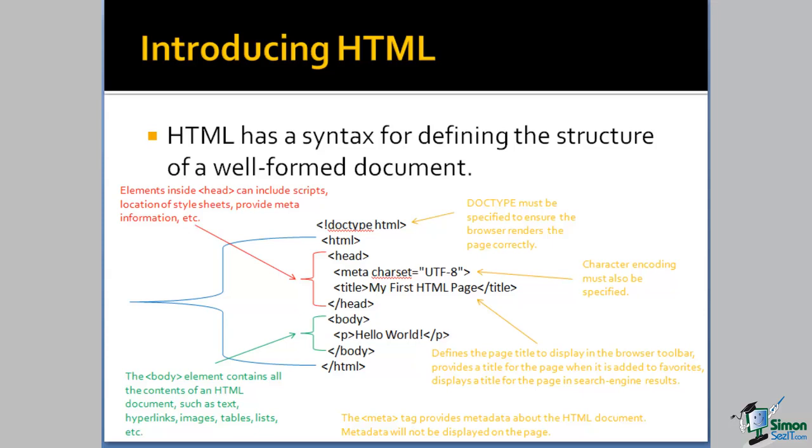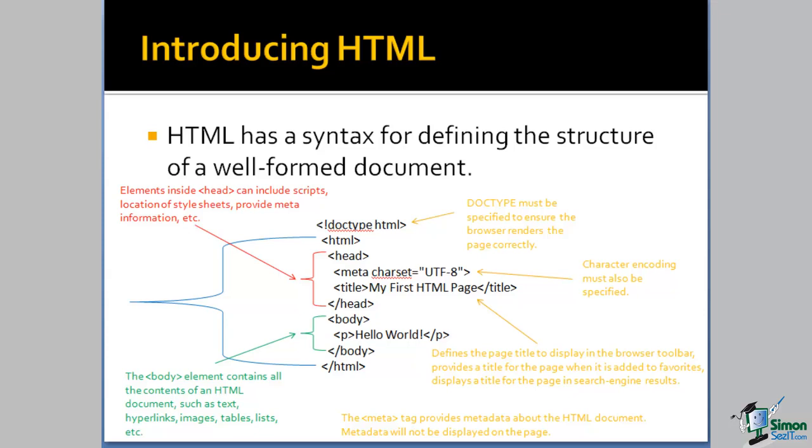So in this example, in this minimal HTML document, we have the doctype, which is identifying this file as an HTML file for the browser. We have our HTML open and close tags, which define a section containing all of our HTML code.